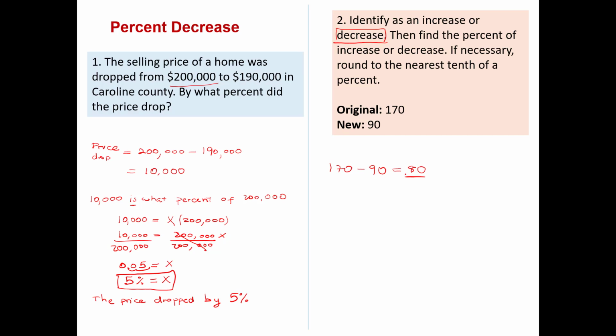Then we can write here the question: 27, the decrease, is what percent of the original price, which is 117. And now we need to write the equation. Yes. Then 27 equals what percent x of 117.